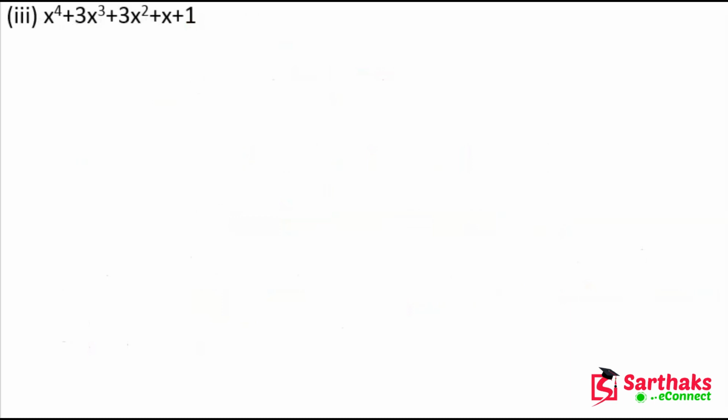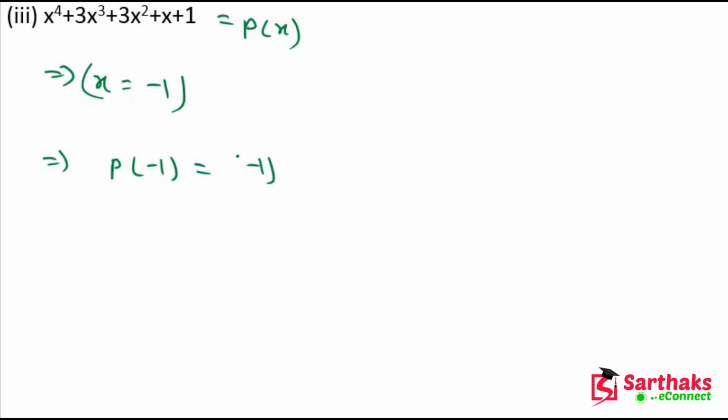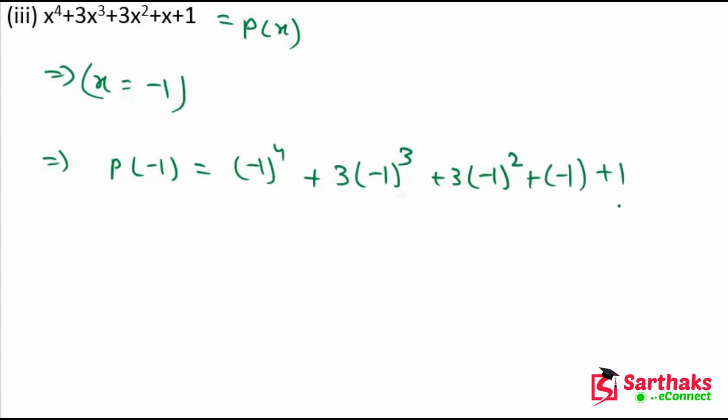Now again, let's suppose this is p of x. We have x is equal to minus 1, and we have to put the value in this equation. So we get p of minus 1 is minus 1 raised to power 4 plus 3 into minus 1 raised to power 3 plus 3 into minus 1 raised to power 2 plus minus 1 plus 1.